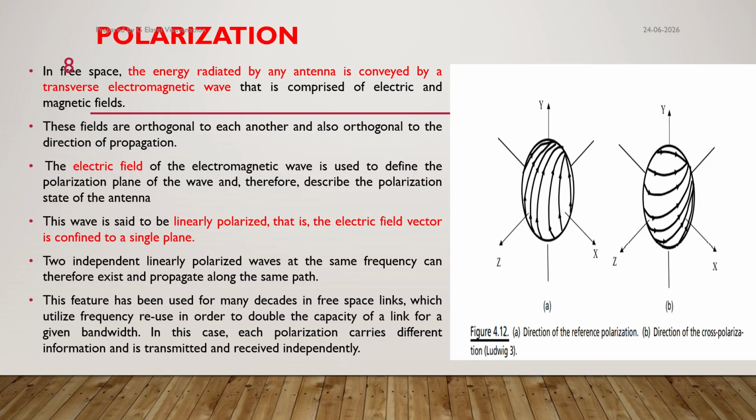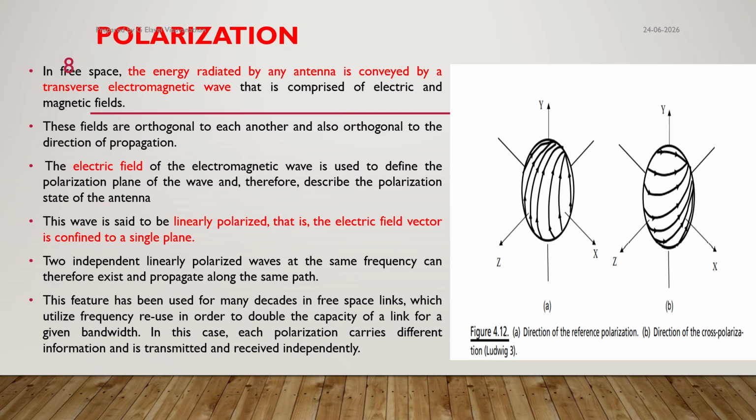Two independent linearly polarized waves at the same frequency can therefore exist and propagate along the same path. Why? Because we have two independent linear polarizations at the same frequency, so obviously they can exist and propagate in the same path.